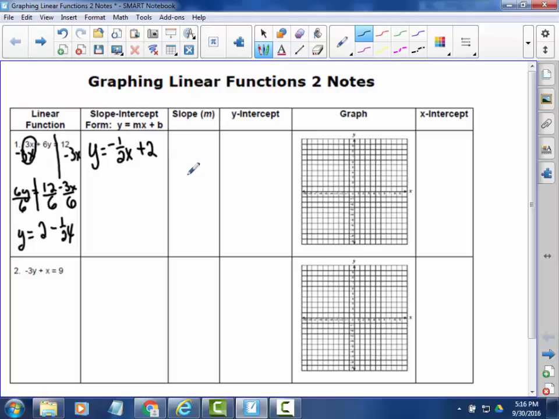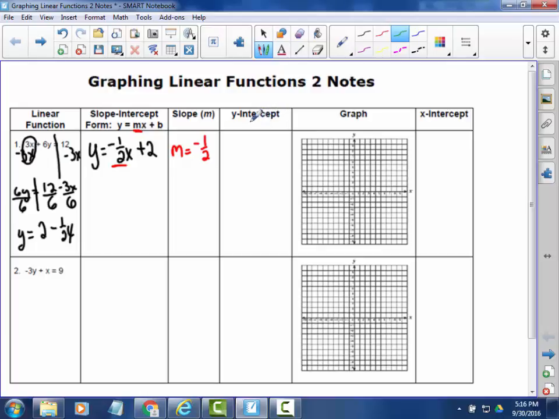Now that we've got it in the slope-intercept form, we can identify the individual pieces. m is found in front of x, and the coefficient of x in this case is negative 1/2. So m equals negative 1/2.